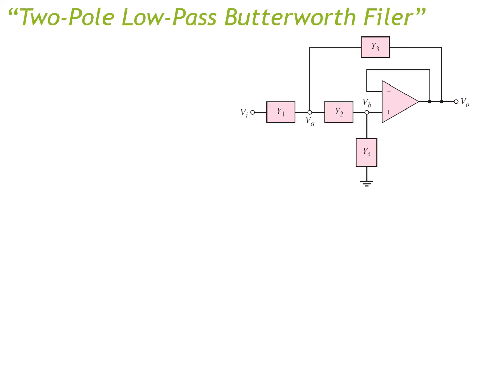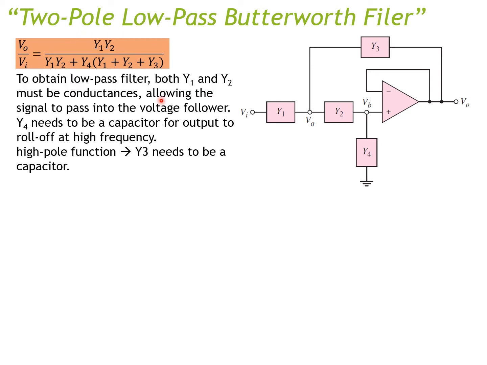Now we need to consider a two-pole low-pass Butterworth filter. In the previous slide, we derived the general expression for VO over VI in terms of all of the general admittances. To obtain a low-pass filter, both Y1 and Y2 need to be conductances, allowing the signal to pass into the voltage follower.